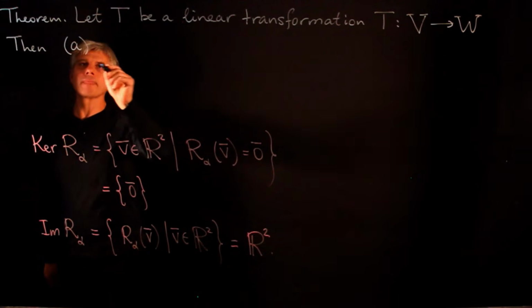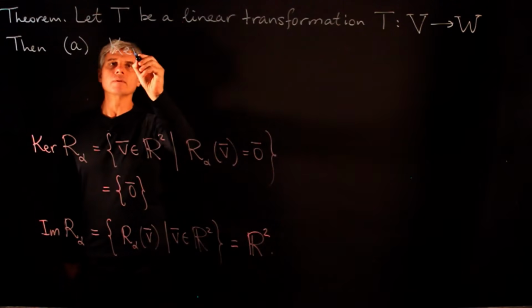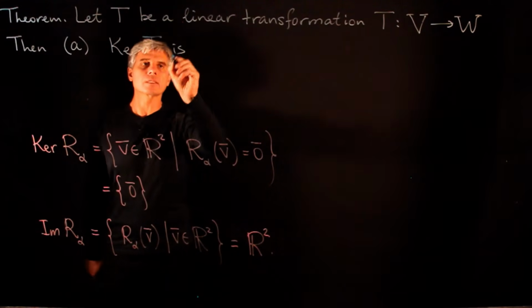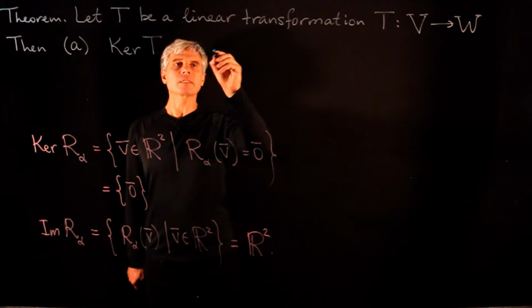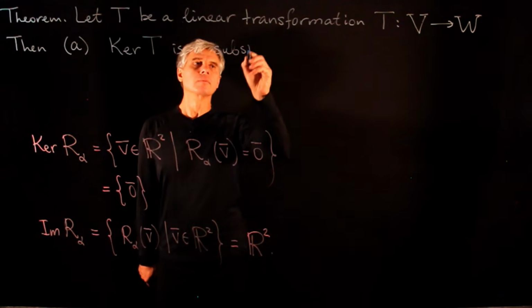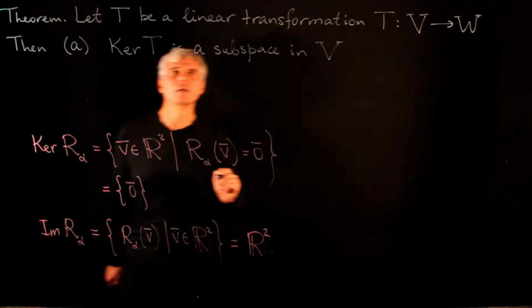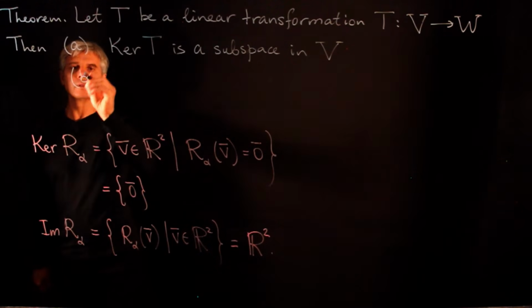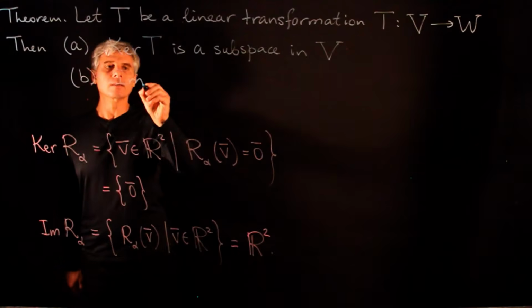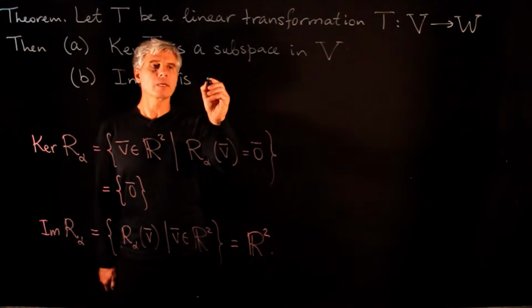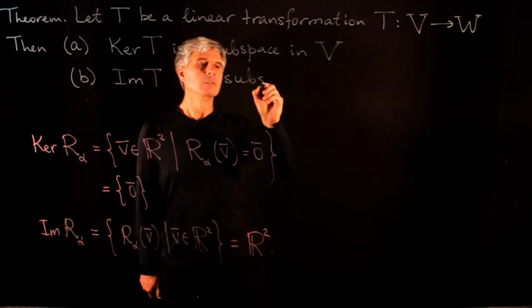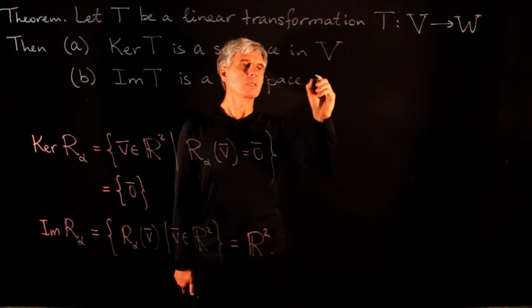A, the kernel of T is a subspace in V. And B, the image of T is a subspace in W.